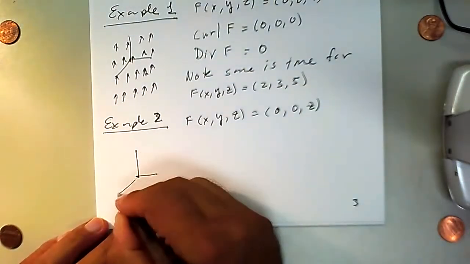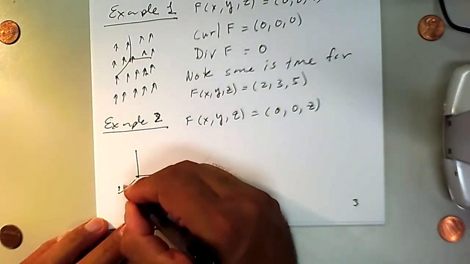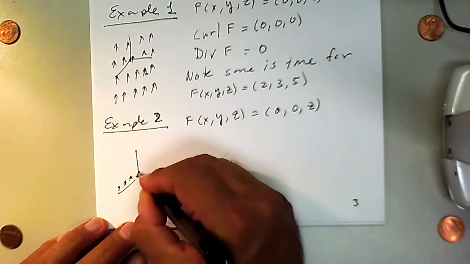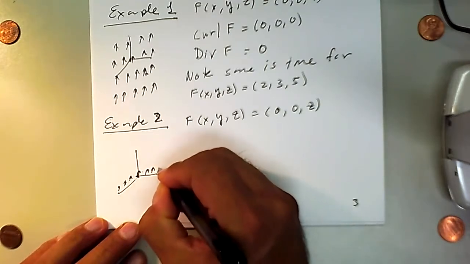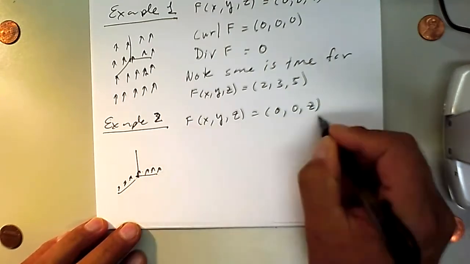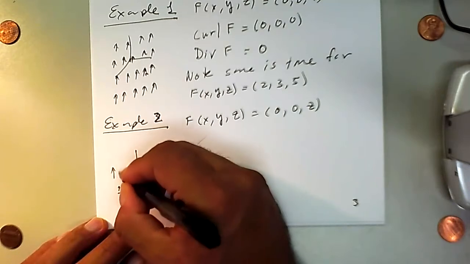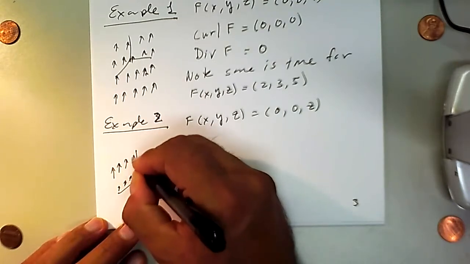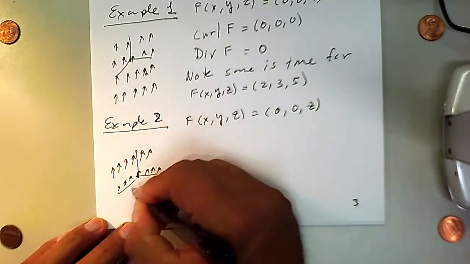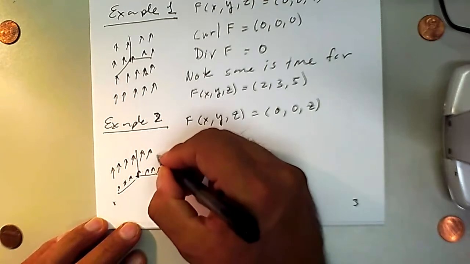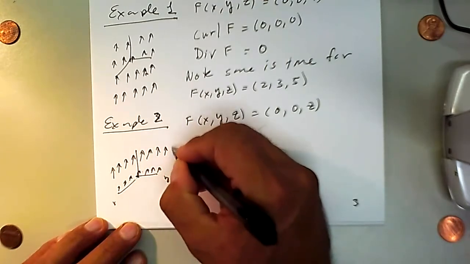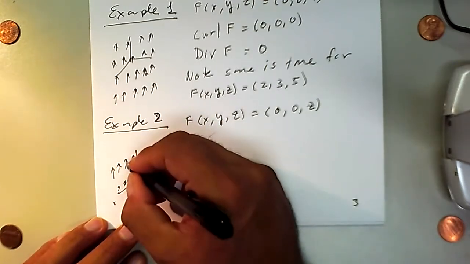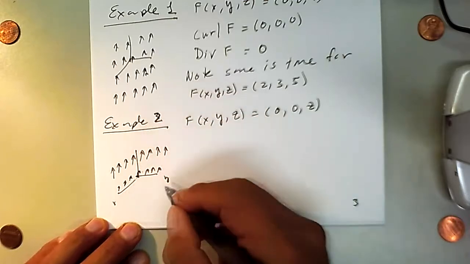So what happens here is that the points that are close to the xy plane are going to have a small flow upward, and the farther we are from the xy plane, the flow is going to go vertical up with more flow.